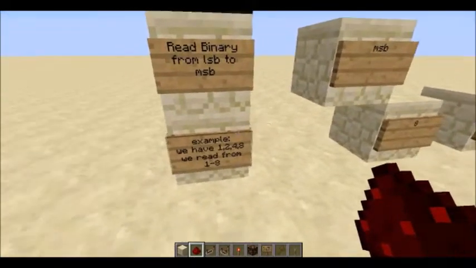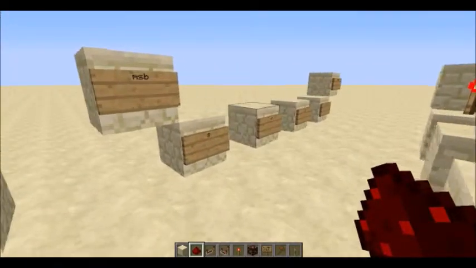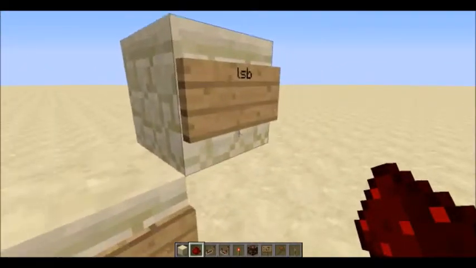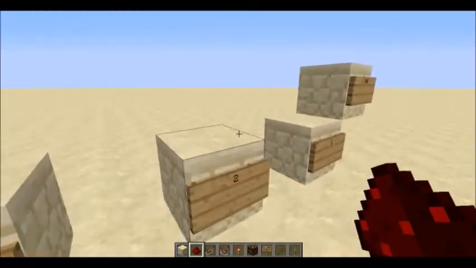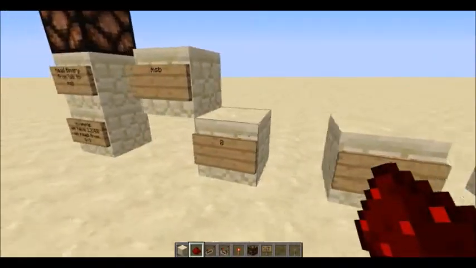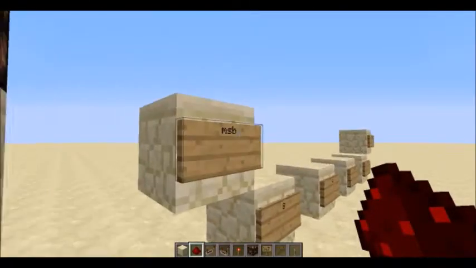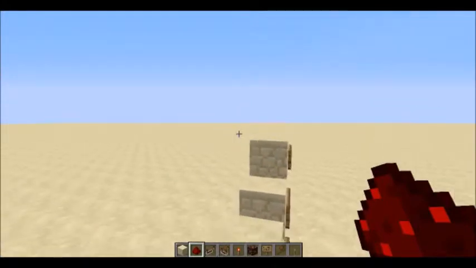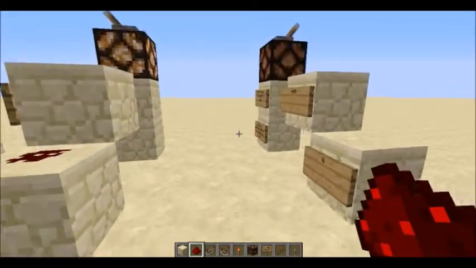If we have our numbers 1, 2, 4, and 8, we read from 1 to 8, and you always read from right to left. If you were to swap this around the other way, it would not make a difference. It wouldn't affect anything you build. But people will tell you that you've got it wrong, and you'd just be like, oh, I don't care.